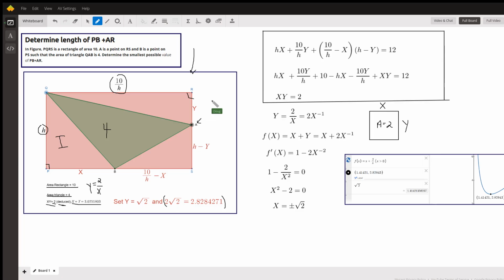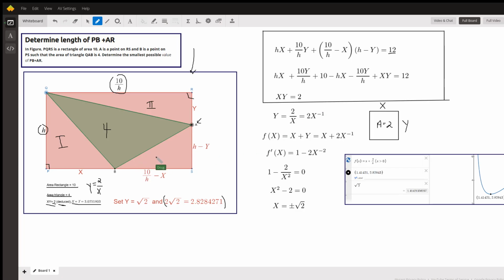So instead of putting the 1/2s here, we'll just multiply the area of the red area, which is 6, by 2, which gives us 12. Okay, so the area of triangle 2 is 10 over h times y, half of that, but we accounted for the 1/2.